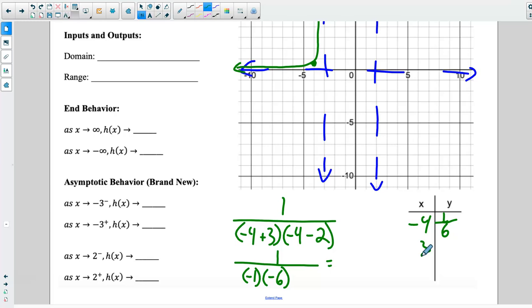When you plug 3 in, what do you get? 1/6. So it's going to be right back up here.